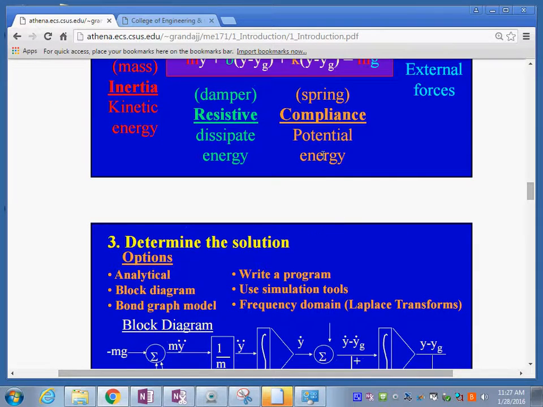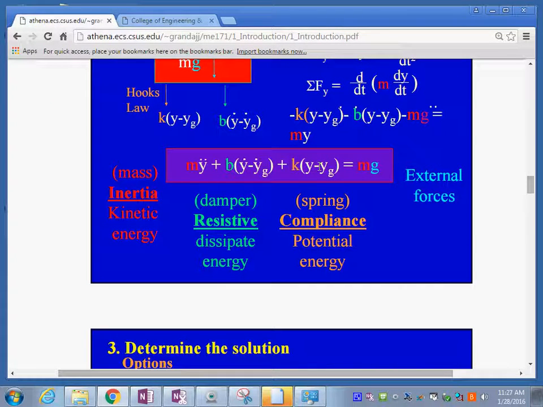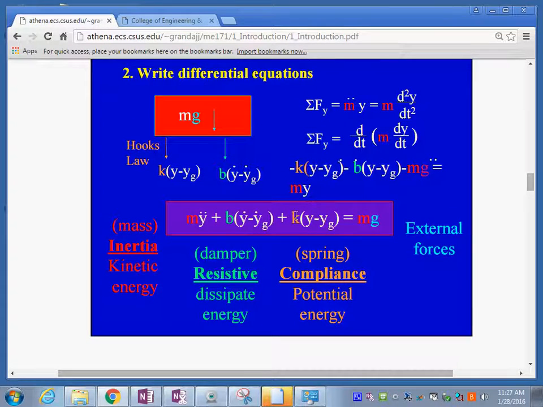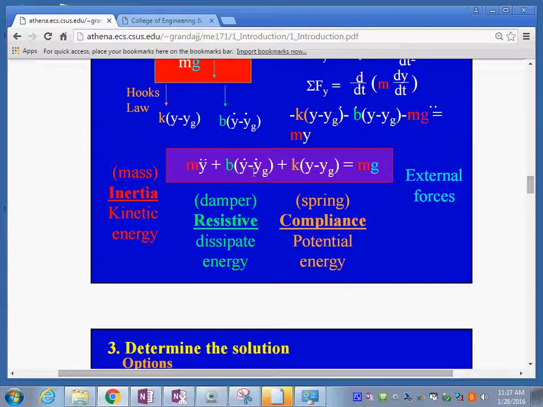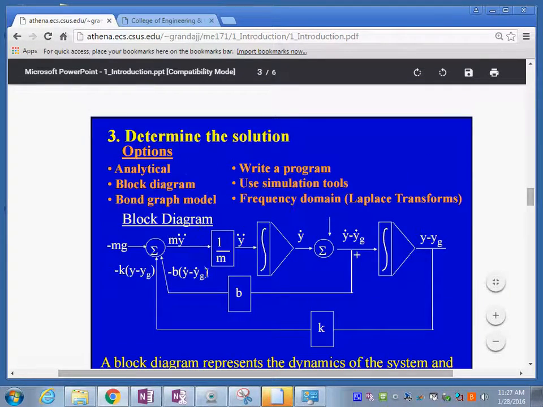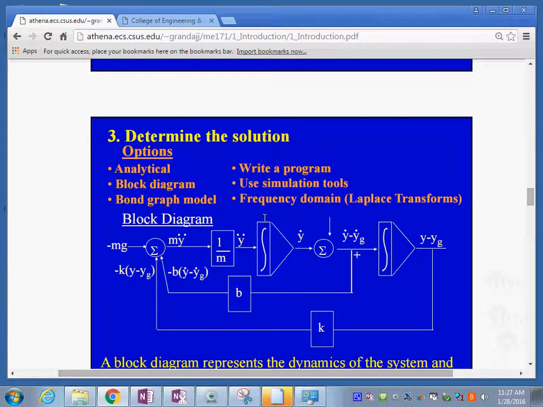I think if you look at the equation here and then you look over here, this may appear overwhelming to you right now, because there's no system. I can tell you that the block diagram represents this equation, but unless we develop it ourselves, slowly, step by step, this may not make much sense to you right now.